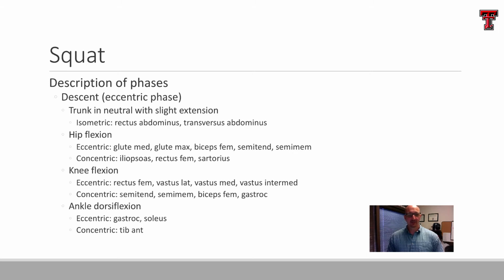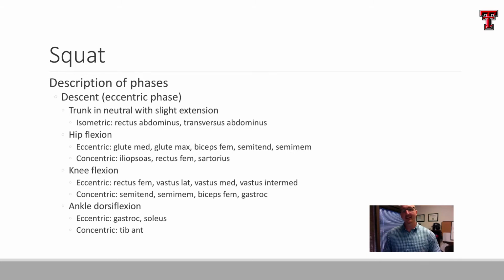We've got the posterior musculature that's controlling that hip flexion. And then anteriorly, we've got concentric action with the iliopsoas, the sartorius, and the rectus femoris. Okay. The knee flexion, same thing. Okay. We realize that the hamstrings are producing that action.